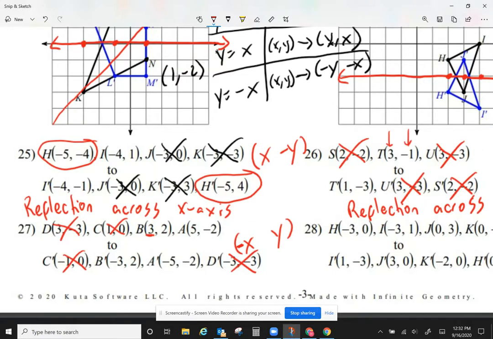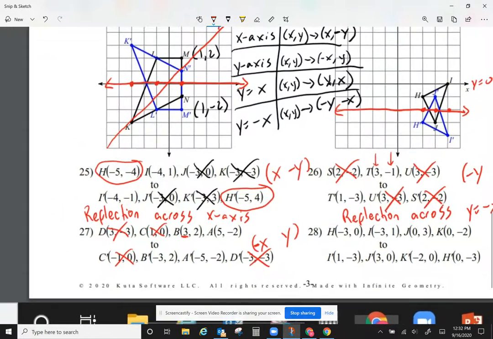Did the y switch signs? No, it did not. Then look for the case where xy becomes negative x, positive y. And then we're going to say this is reflection across y-axis.